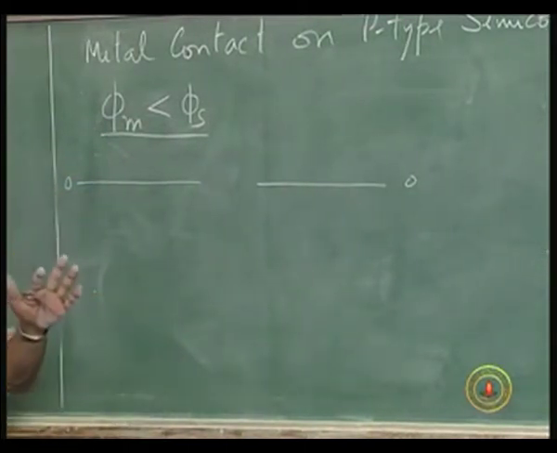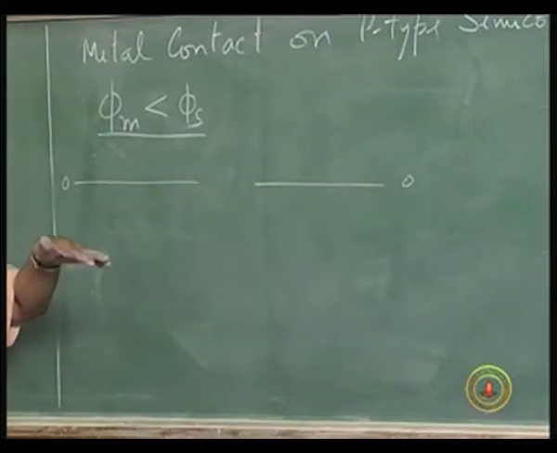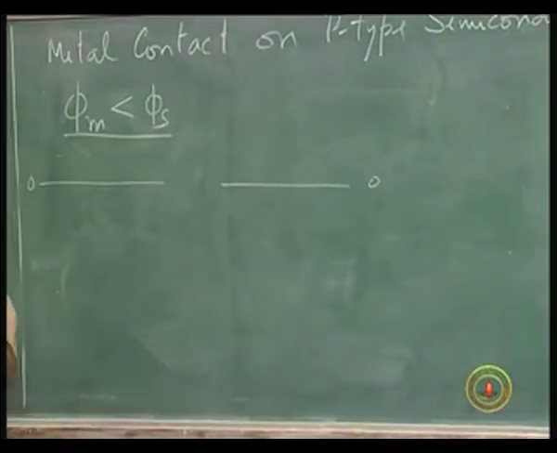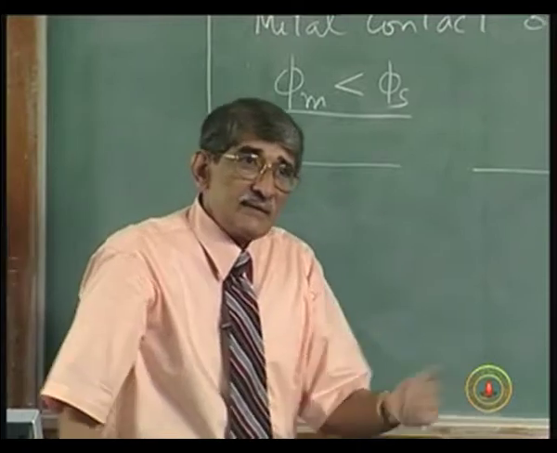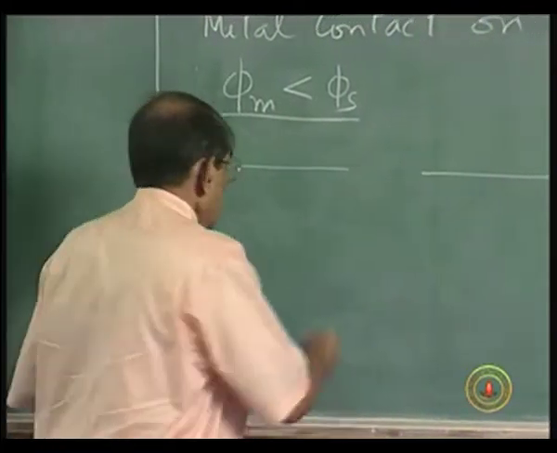Very easy, because the Fermi level in p type semiconductor is way down. If you see n type and p type, in p type EF is below. So, for the same metal if you put it, you will have different conditions.